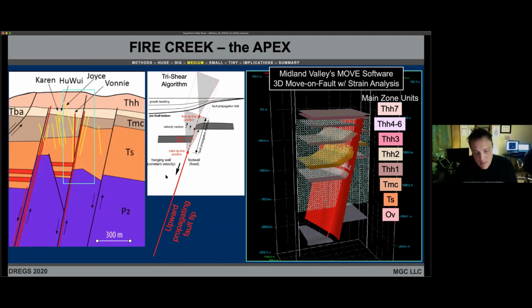One of the applications in the MOVE software is this tri-shear algorithm, because I am not a mathematician by any means, to model how the propagating fault tip is imparting strain in the surrounding rock volume. We're not really predicting rocks breaking. We're just qualitatively showing where strain is going and how it's being partitioned through time and successive fault ruptures.